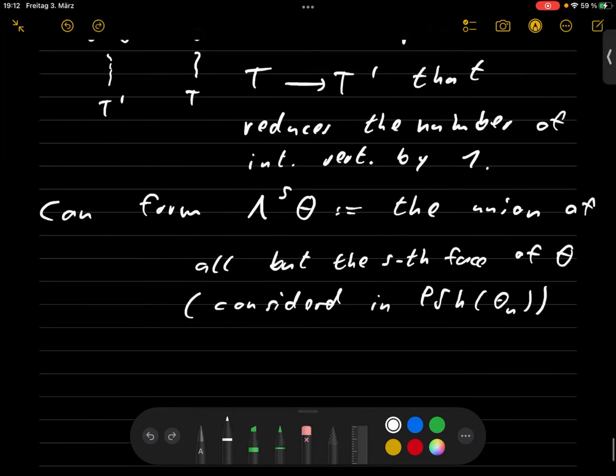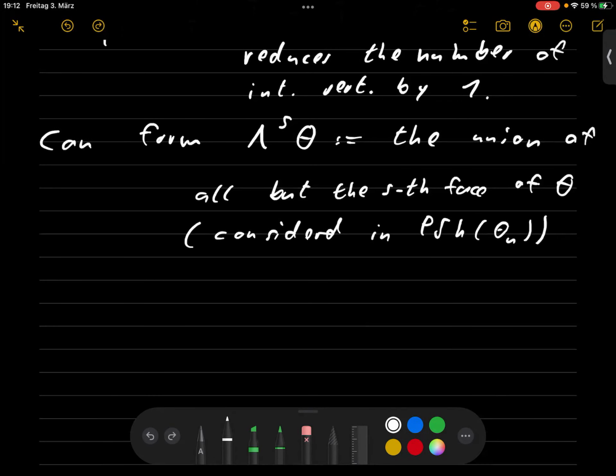And now there's also a notion of interior horn. So inner face is then something where all the interior vertices are preserved in the tree notion.